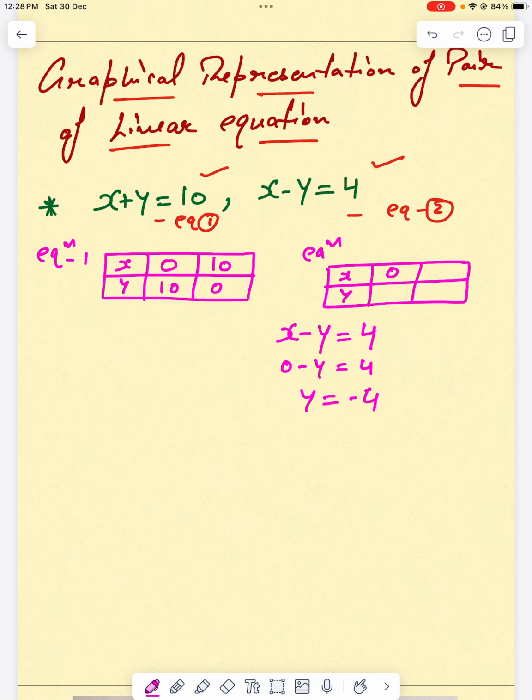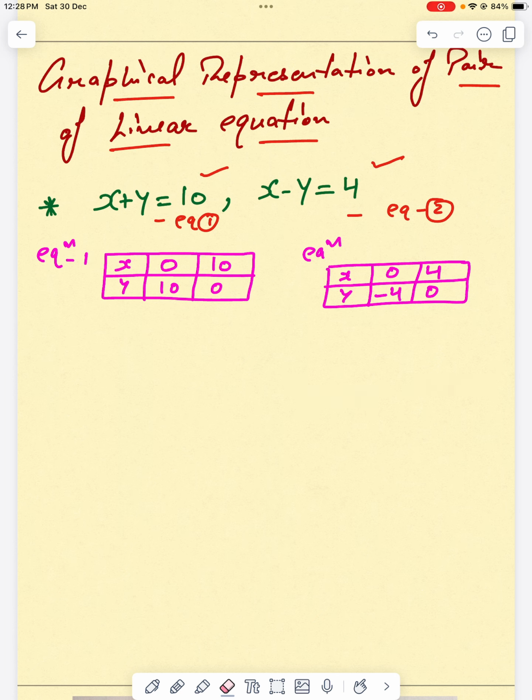It will be minus 4. Similarly, assume the value of y is 0 in the second attempt, then the value of x is 4. So at y equals 0, the value of x is 4. This is the way you can find the solution of individual linear equations.